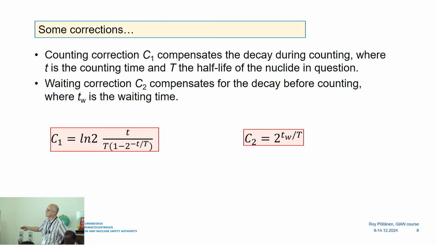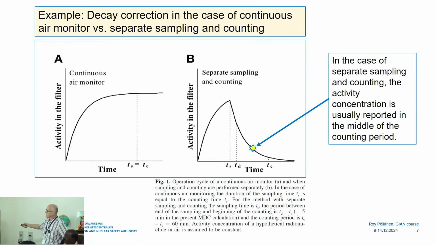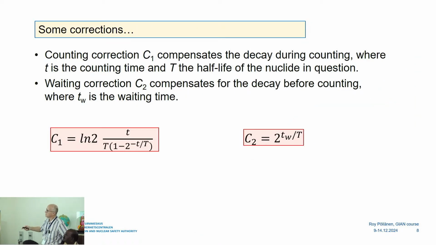And the correction during the waiting period, C2, compensates for the decay before counting. Here, this TW is the waiting time.